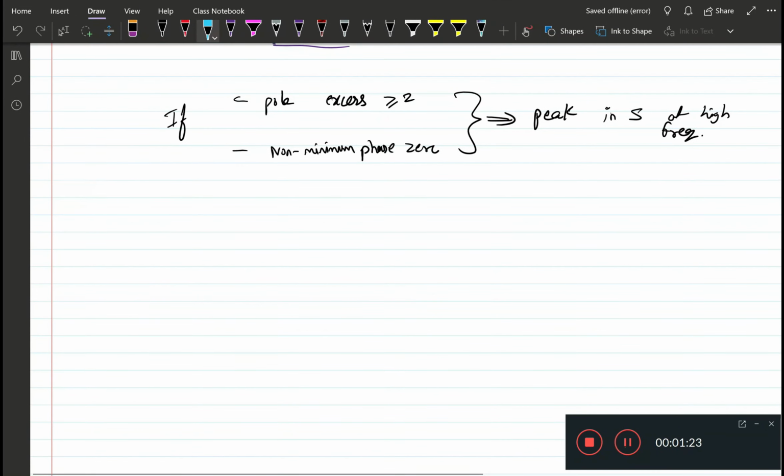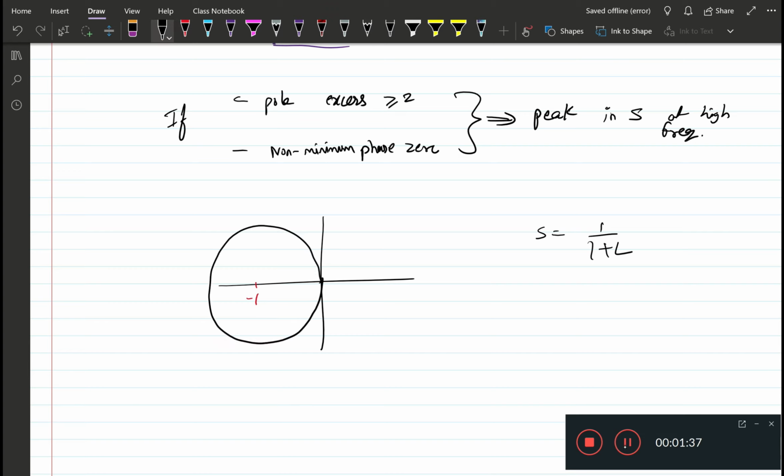What we see is that S is 1 over 1 plus L. Now if we have the -1 point here, and if we draw a circle around it, we saw that both Nyquist plots penetrated this circle, and this circle represents all points in the complex plane with distance 1 from the point -1.